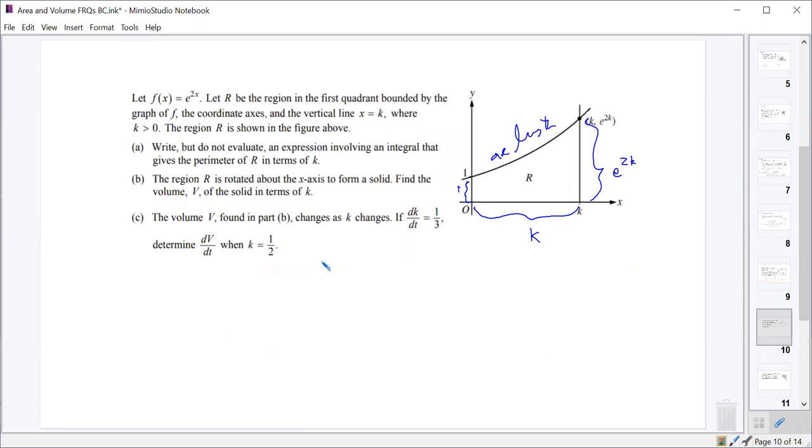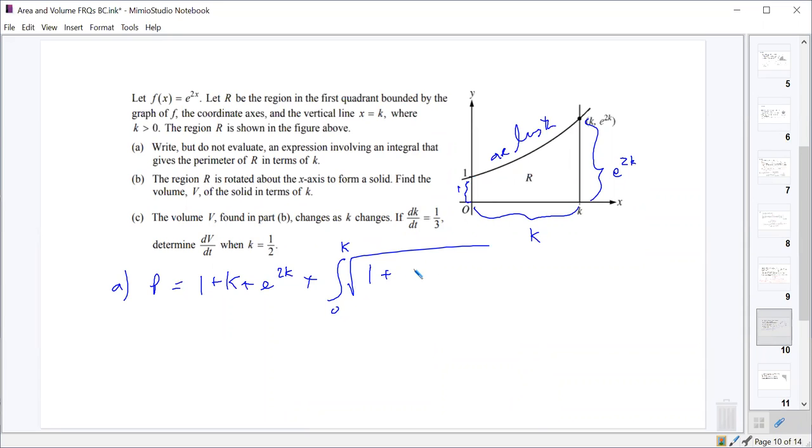So our expression for the perimeter is equal to 1 plus k plus e to the 2k plus an integral from 0 to k. Our arc length formula is the square root of 1 plus the derivative of our function squared.